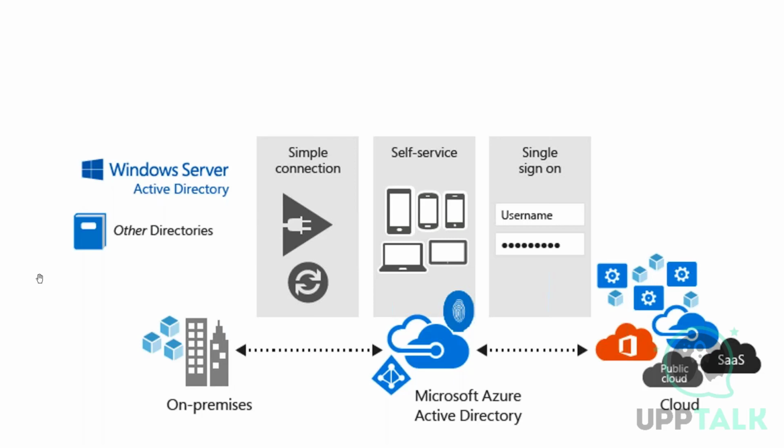There could be other directories as well, which will help you store the information or work with those resources. So this is something which is existing within your on-premises environment.